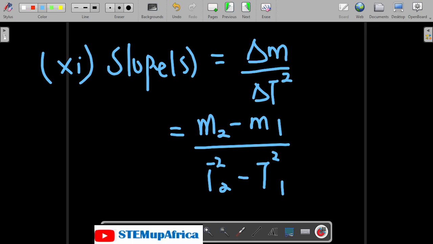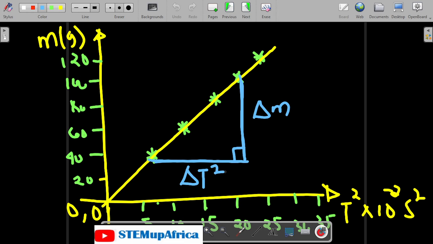This is what we have. So how do I get my m2 and m1? From this point, you can still use your ruler and a pencil to make a trace. Here we're having 100, we trace here we're having 40, trace down here, and trace down here. Although it's not compulsory, for clarity you can just do so.